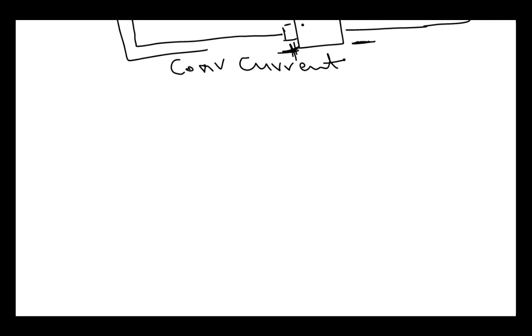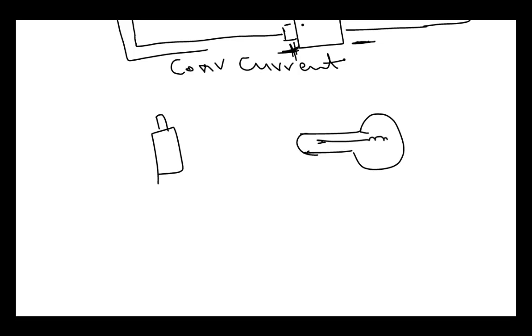Consider a simple circuit. Let's say this is the battery and I have a simple bulb here. And let's make a connection like this to the bulb. Now this is the positive terminal of the battery, this is the negative terminal, and this is my bulb.